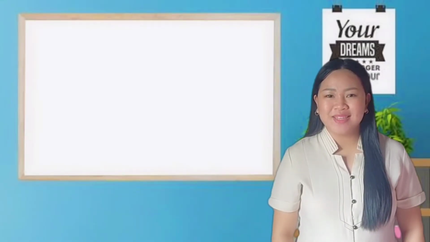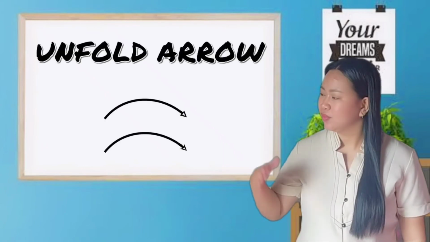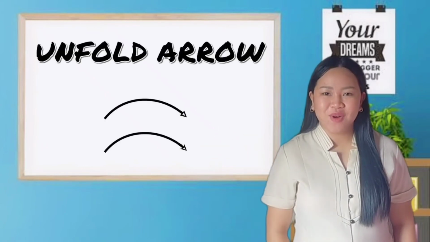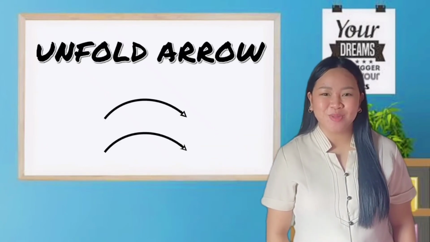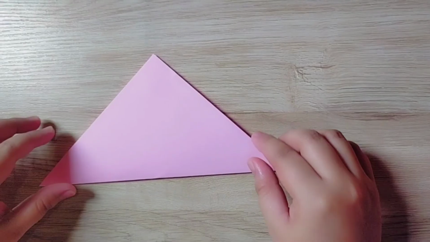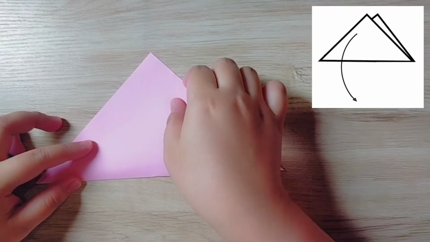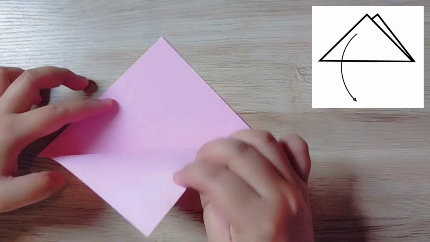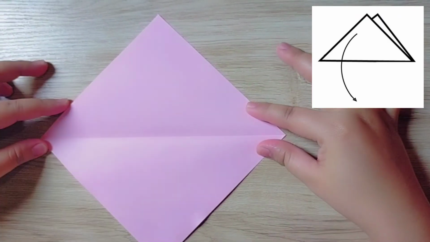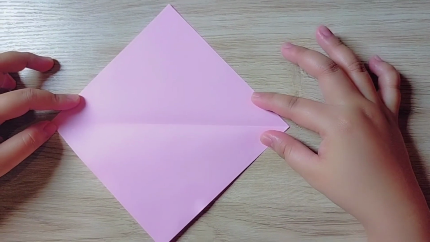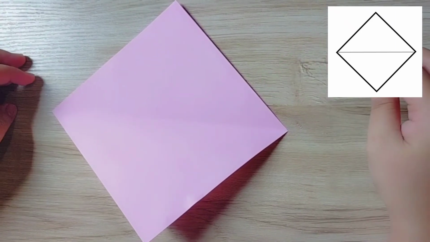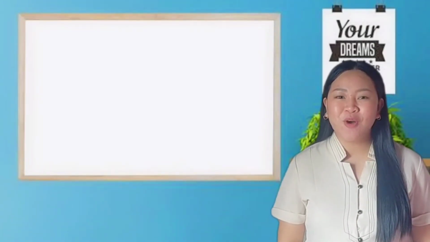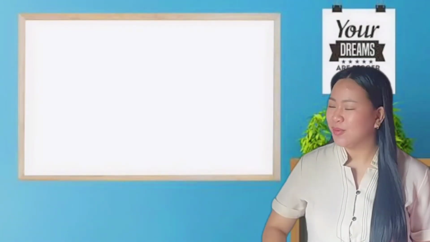The next one is unfold arrow. Unfold arrow is just the undo of the fold arrow. For example, we will unfold this paper based on this diagram. As a result, it will look like this. The next one is fold and unfold arrow.